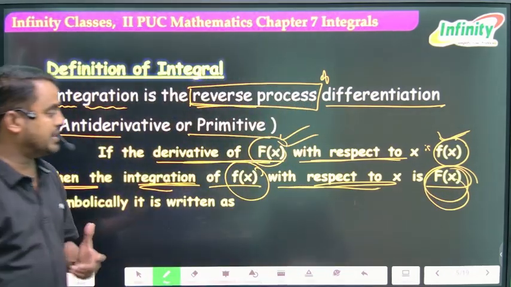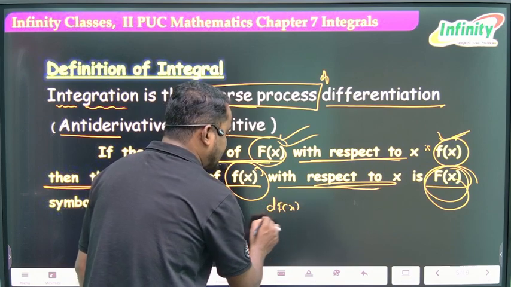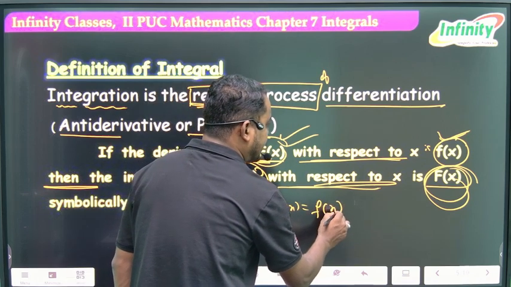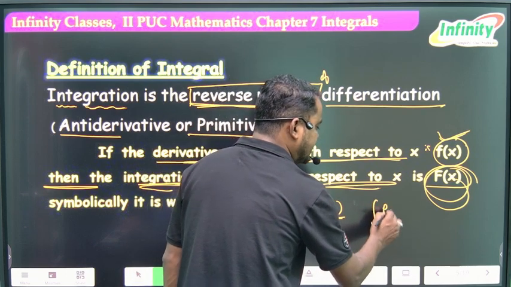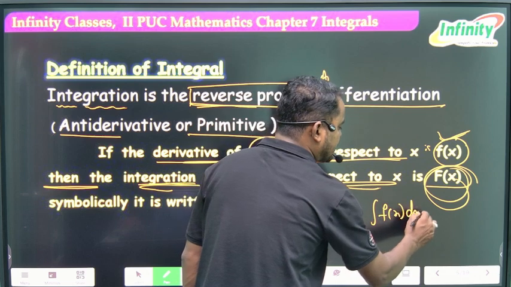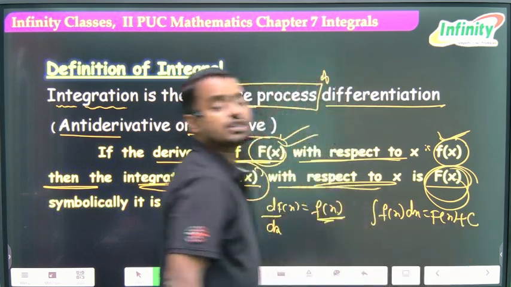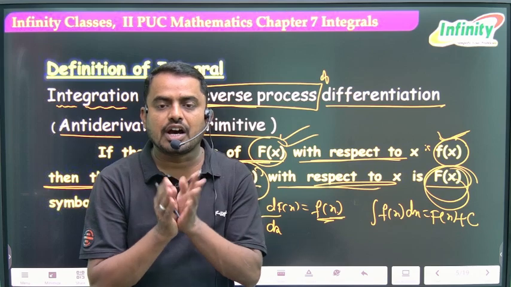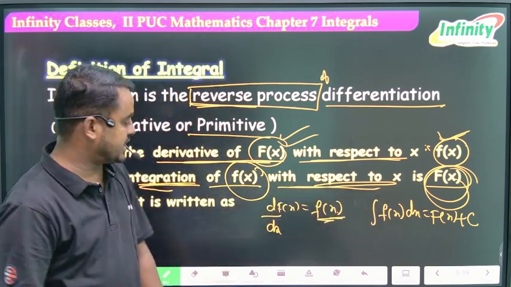Symbolically, derivative of F of x with respect to x means this is f of x. Now, integration of this f of x with respect to x is F of x plus c, where c is the constant of integration. After integrating we have to add the arbitrary constant, that is c. That c is the integration constant.